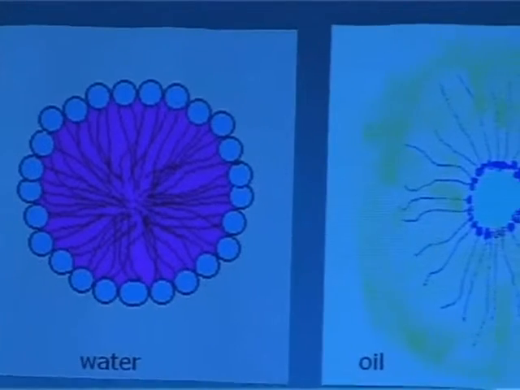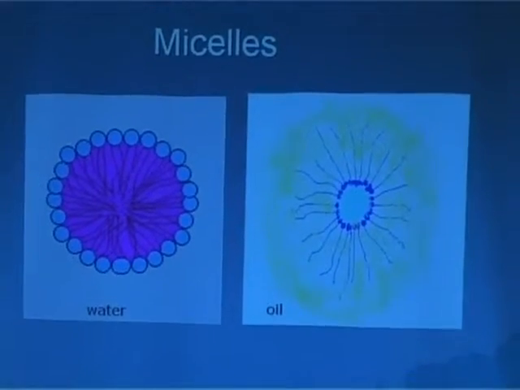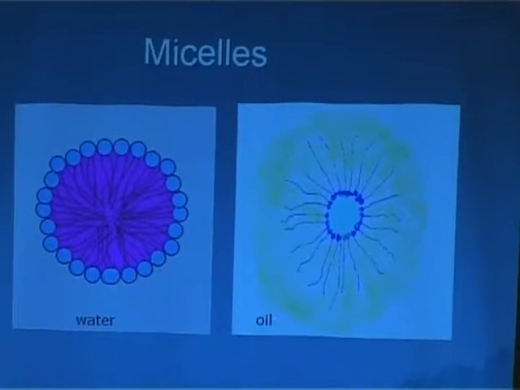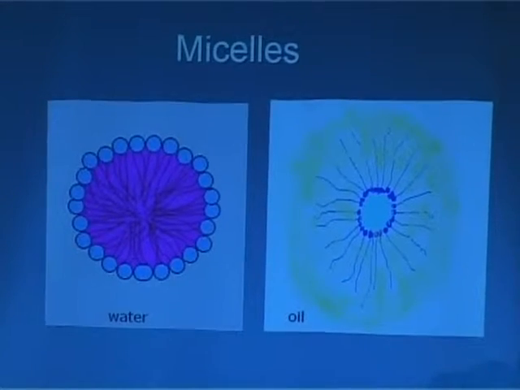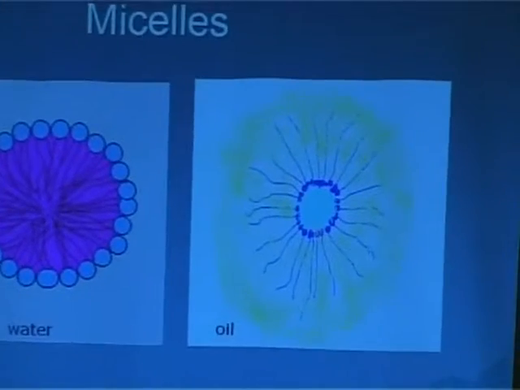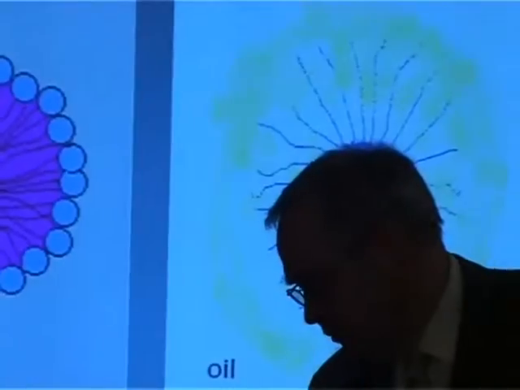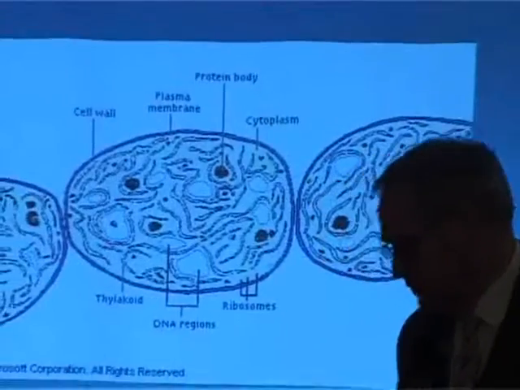Very, very important for drug delivery, but also important in industrial applications as well, because if you put this sort of molecule into oil, it's inverted. So you get the polar heads, which are normally soluble in water, assembling this way around with the tails sticking outwards into the oil. And that is in fact a very crucial way of delivering some drugs. But that's another story. We have the micelles, that's the important thing.